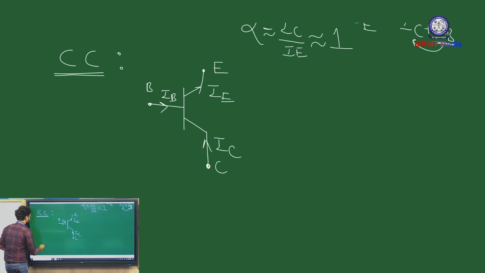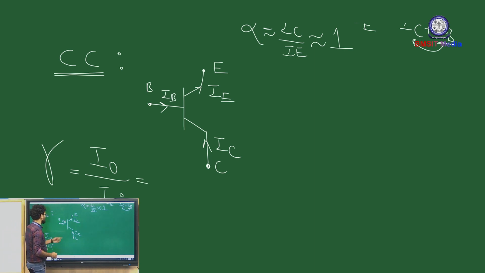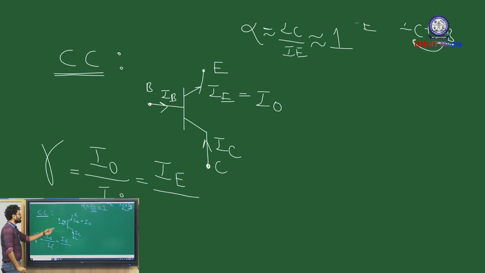So the current gain, which is the ratio of I naught by II, is considered as gamma, and gamma is equal to I naught by II. So what is I naught? I naught is IE, right? And what is II? II is the base current IB, right?